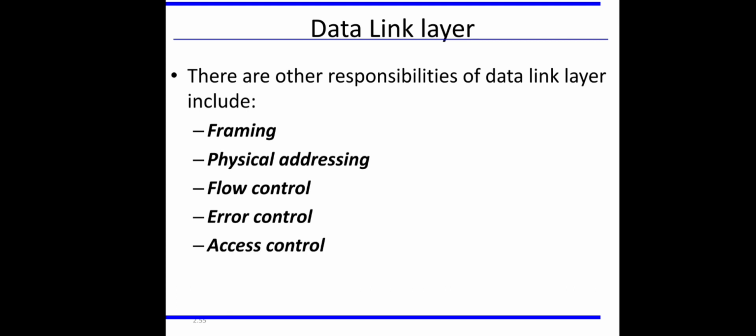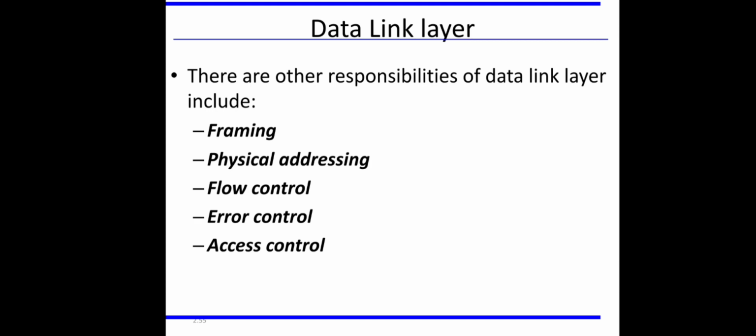And the last functionality is access control. As you know, in a network, the same medium may be shared by multiple devices, that is, there are multiple access channels. In that case, there should be some mechanism by which we can decide which node can use the channel now.